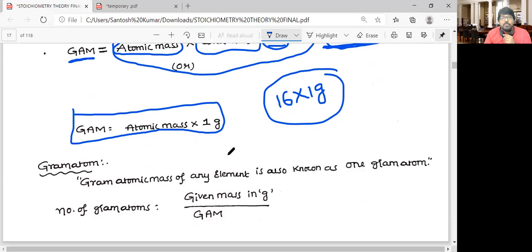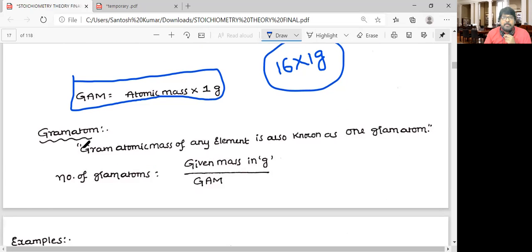Right? One more important term we have, that is gram atom. So what is the meaning? Gram atomic mass of any element is also known as 1 gram atom. See, for the sake of explanation, I'm taking 1000 grams. 1000 grams is equal to 1 kilogram.